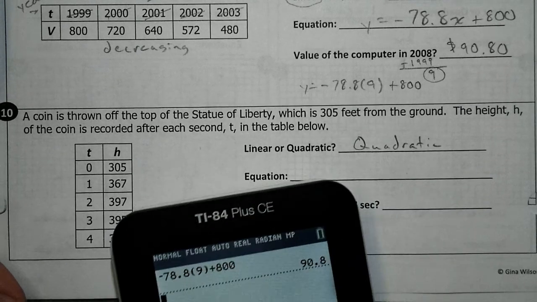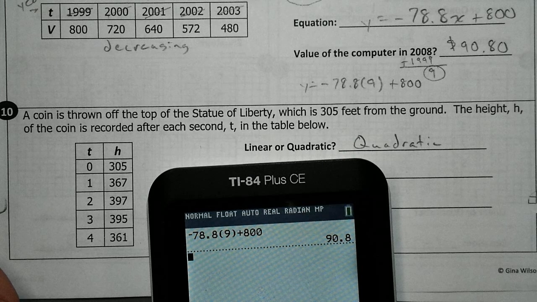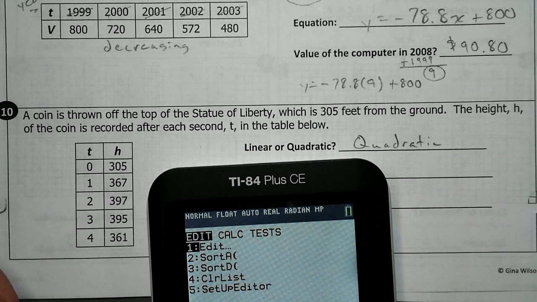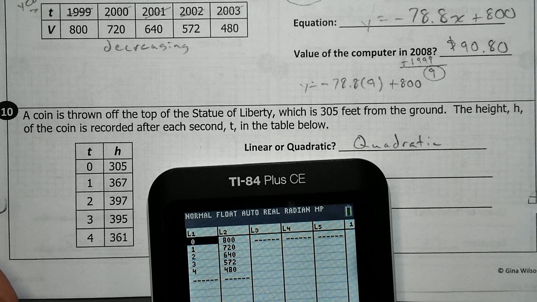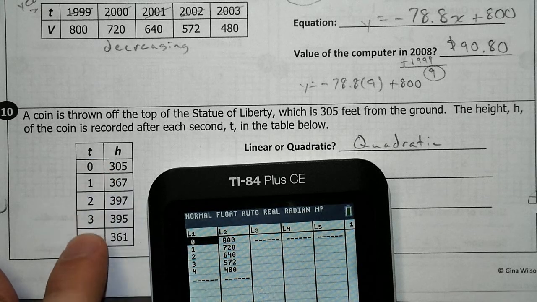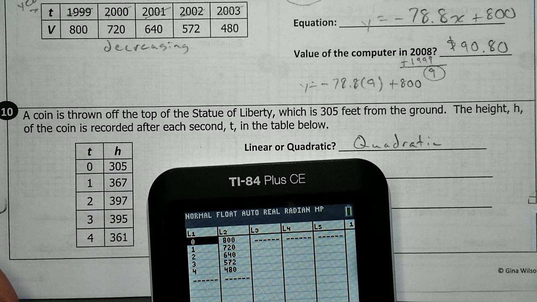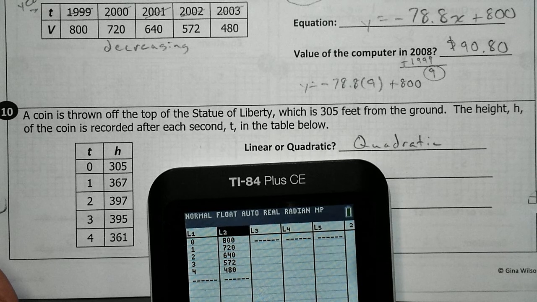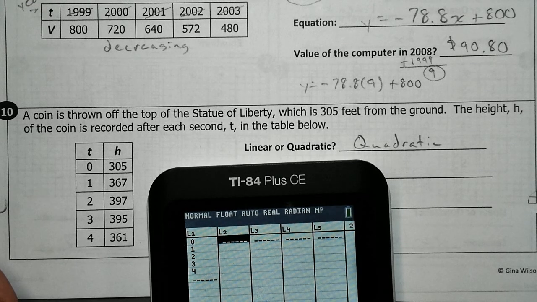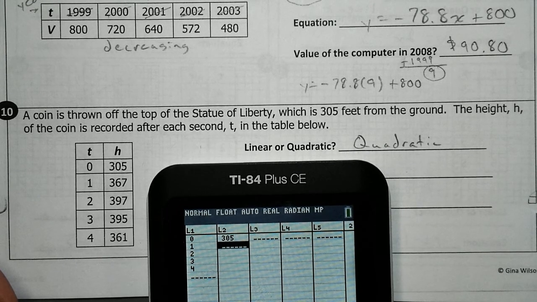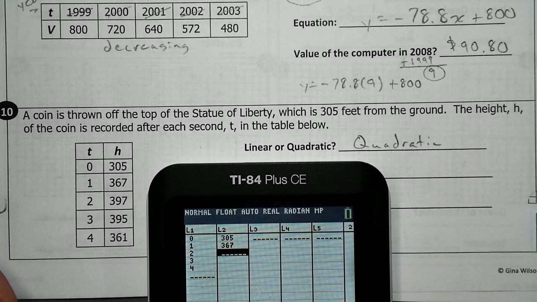Now, to get our equation, we're just going to go through our steps. So stat, edit, L1s. This also just happens to be 0, 1, 2, 3, 4. So go to L2s, clear that out, and then type in your new ones. 305, 367, 397, 395, and 361.